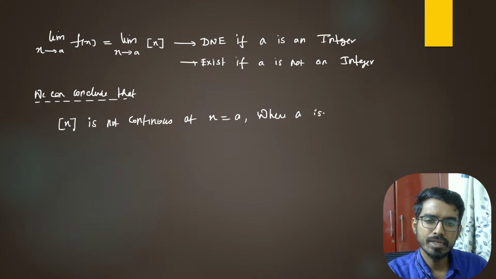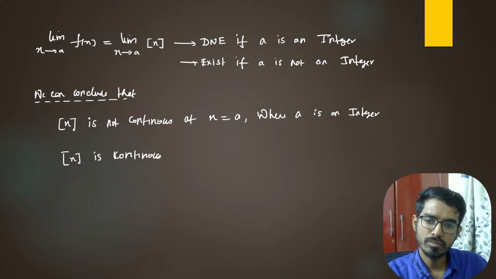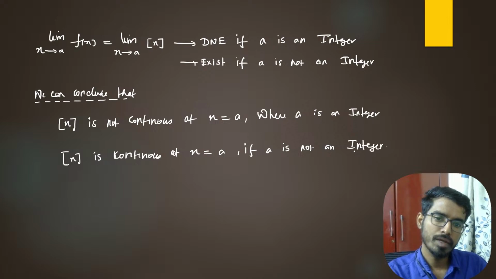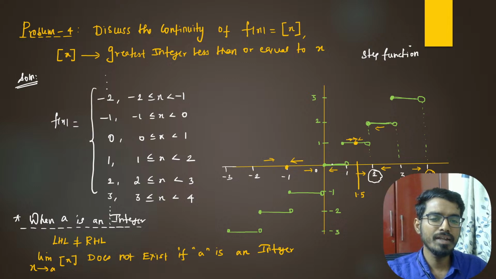So whenever a is an integer, the limit does not exist, and that implies it is not continuous. f is continuous at x equal to a if a is not an integer, right?